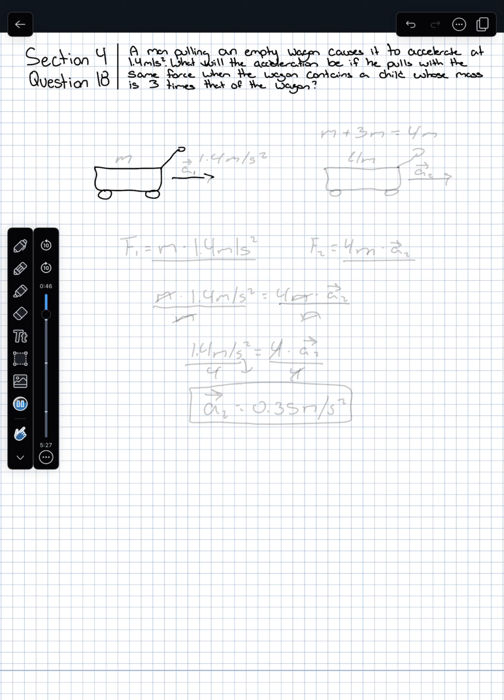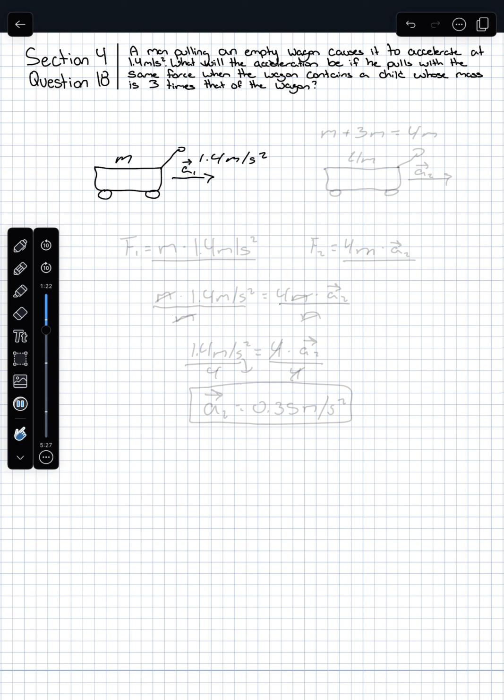So our acceleration is going that way, 1.4 meters per second squared. All right, so then we can label that as our acceleration 1. And then we have an unknown mass, just a general mass for this wagon.